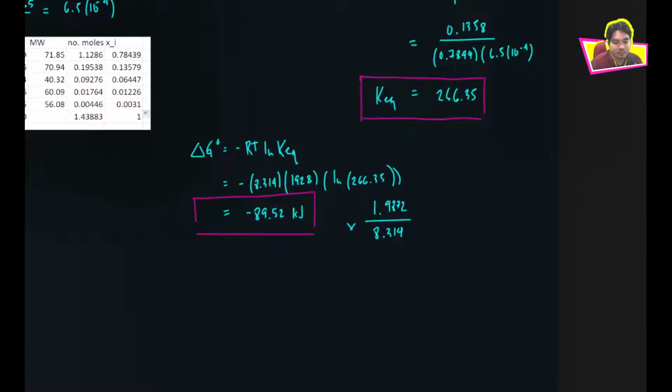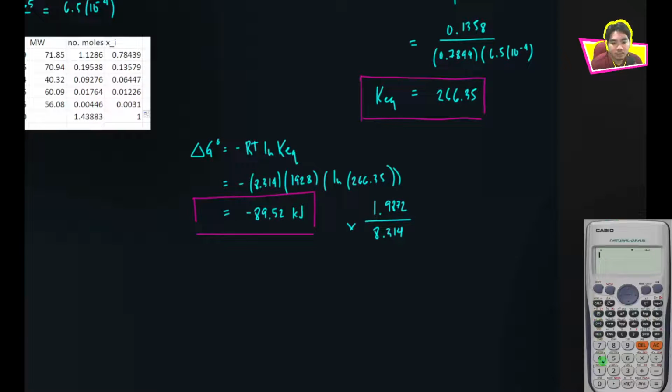1.9872. So let's convert. So that's 89.52, sorry, 89520 times 1.9872 divided by 8.314 gives us 21,396.